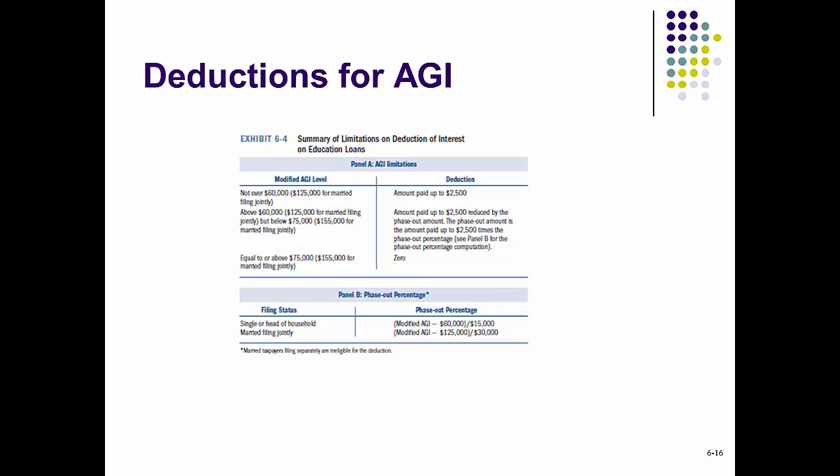Second, the deduction for student loan interest is phased out gradually over a range of AGI, but the deduction for education expenses is phased out in specific AGI increments. Please see example 6-9 on page 6-12.